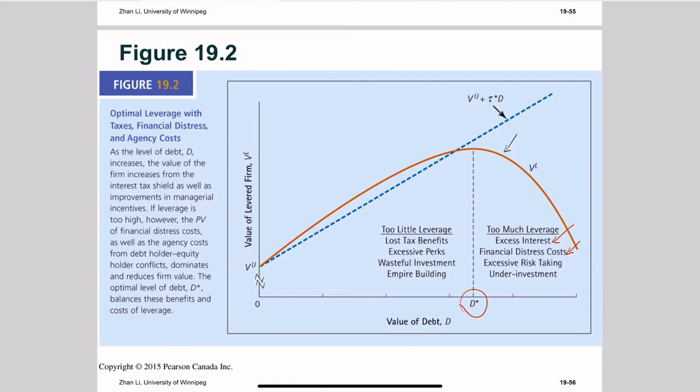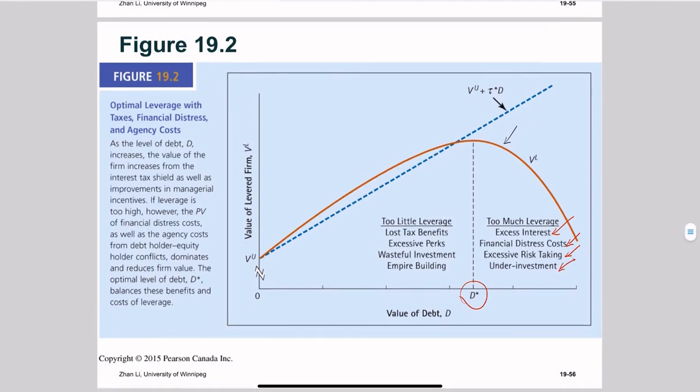Now we would have this excess risk taking, right? So this is the agency cost of debt. So basically, shareholders will engage in risky behavior. They would invest in negative NPV projects, which reduces the firm's value and harms debt holders.